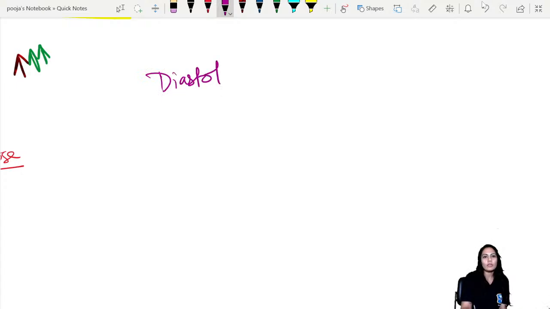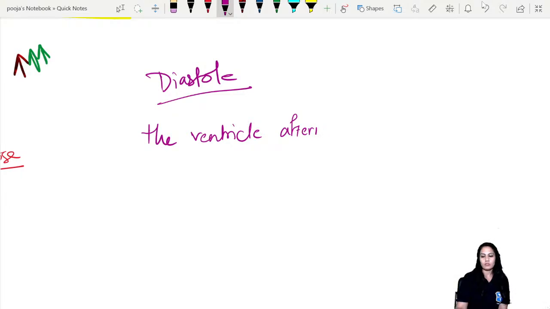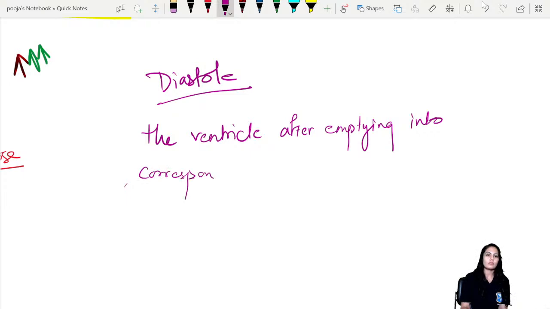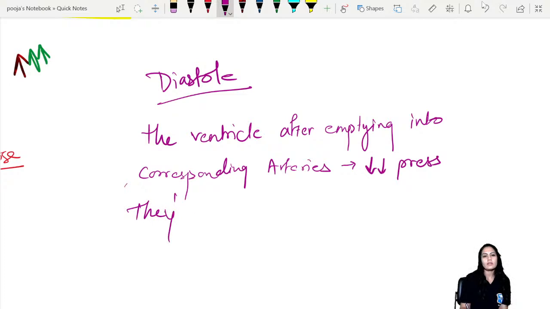That means we are talking about ventricular diastole, right? First of all, the ventricles, after emptying into the corresponding arteries, start to have low pressures and they start to relax.